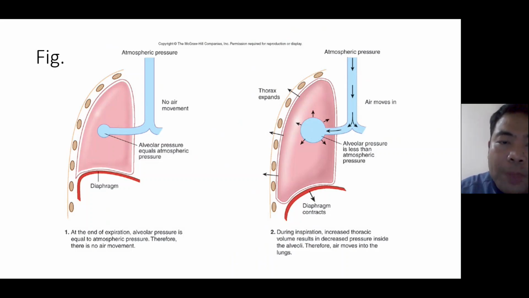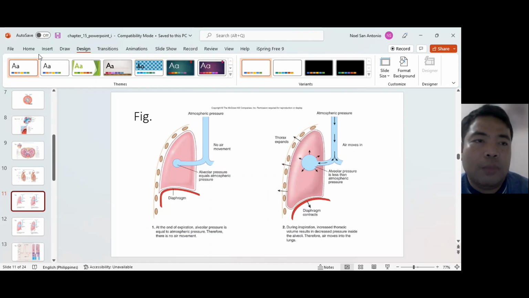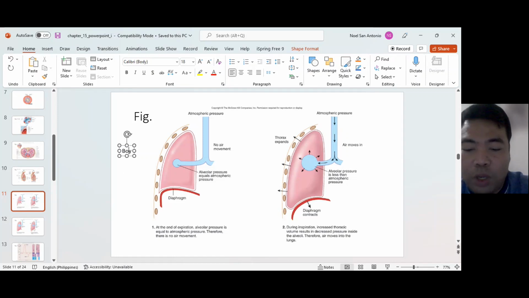Okay? Now, so the mechanics of ventilation actually is best explained by Boyle's law. Yan. Ano ba yung Boyle's law? Itatype ko muna para hindi ako mahirapang magsulat. Yan. Type ko na lang dito. Yan. So, ano ba yung Boyle's law?